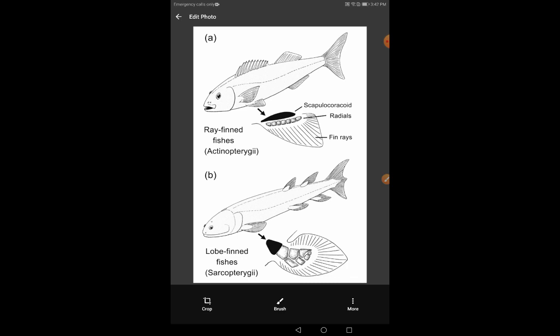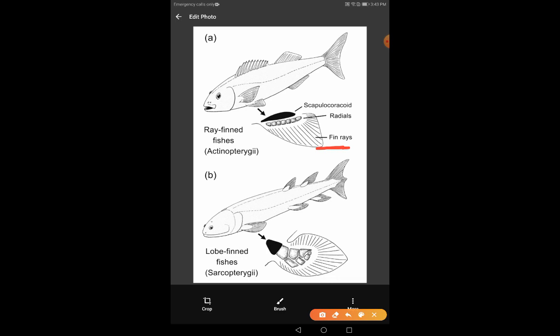The ray-finned fish have weak fin rays. They are not strong enough to support weight above them, but they have an advantage: they help the fish maneuver well while swimming in water.